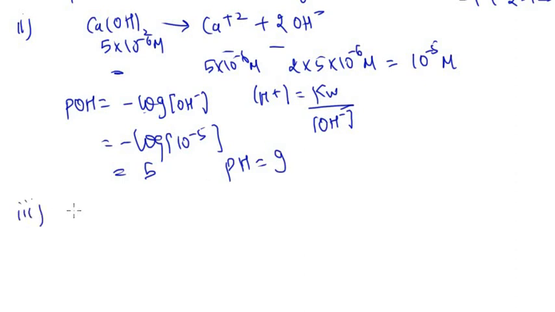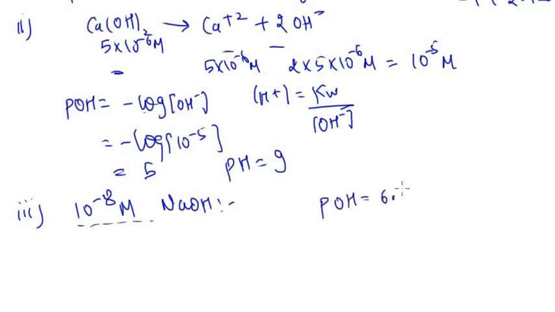Now the third case, when you are given 10 to the power minus 8 molar NaOH. Then what will you do? You will write pOH as 6.97 and pH as 7.03. How? I strongly suggest you see the calculation of pH of a strong acid.